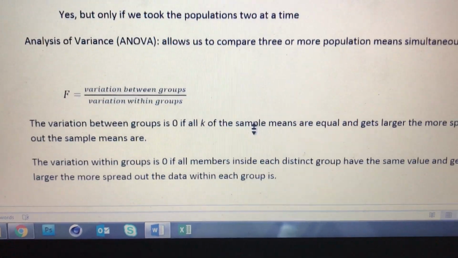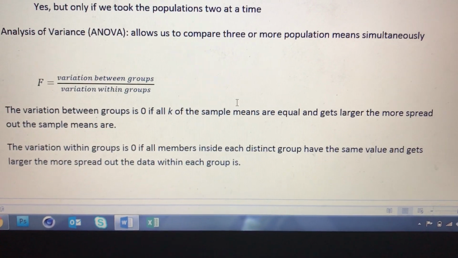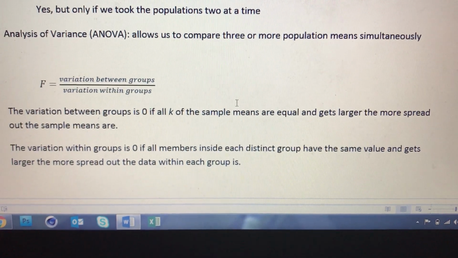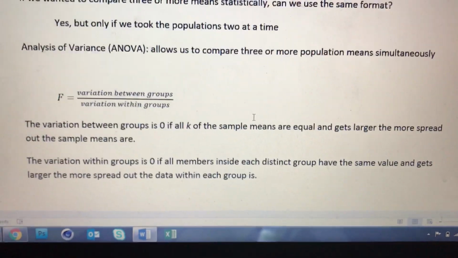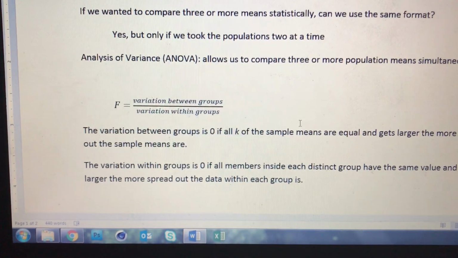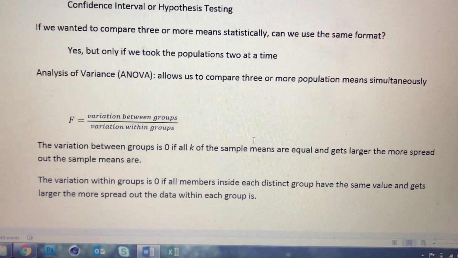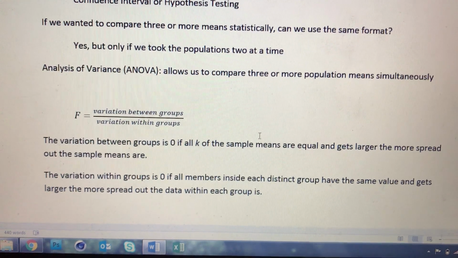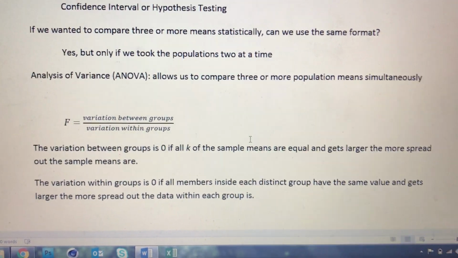The variation within groups, our denominator. The variation within groups is 0 if all members inside each distinct group have the same value, and gets larger the more spread out the data within each group is. So, again, using the height broken down by class standing, if all freshmen were exactly 64 inches tall, well, then there would be no variation within that group.